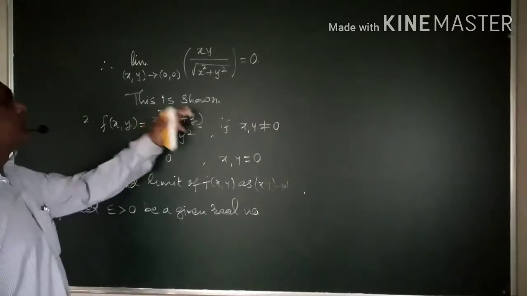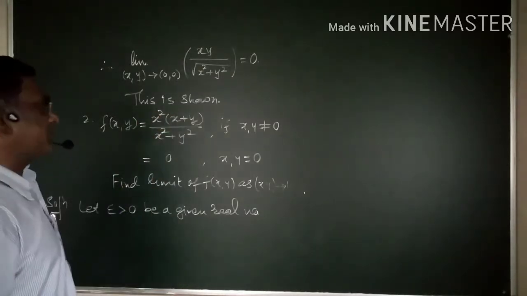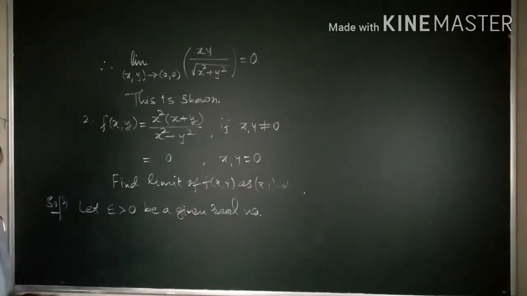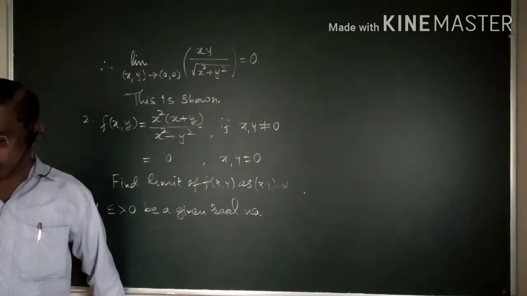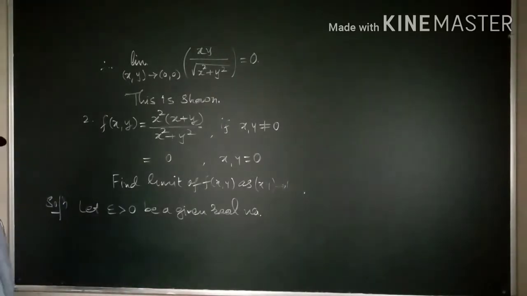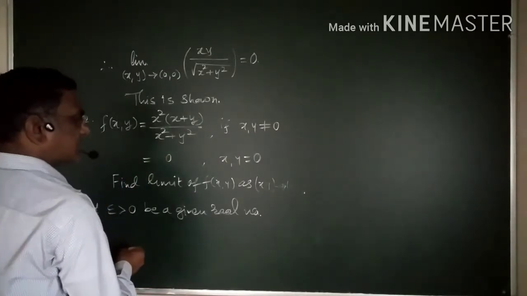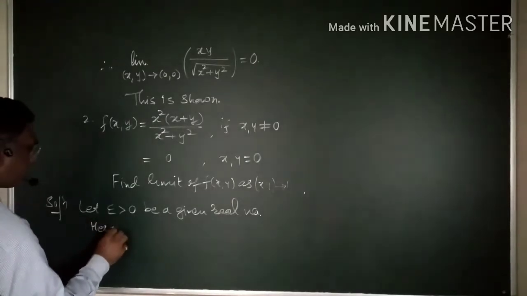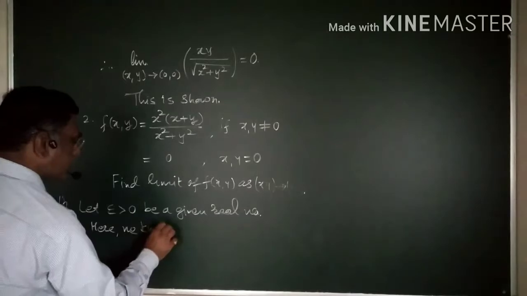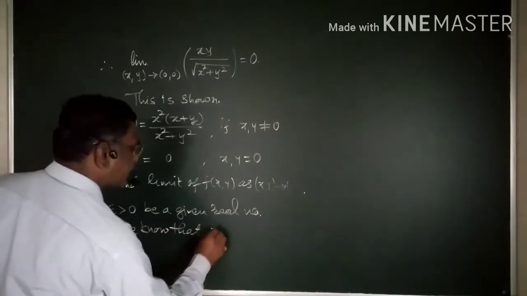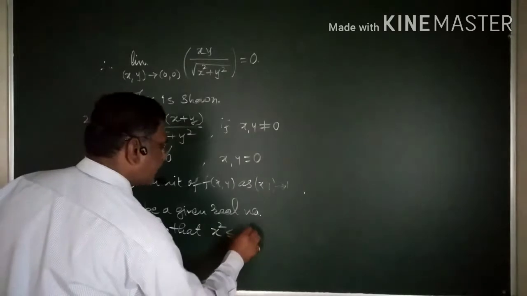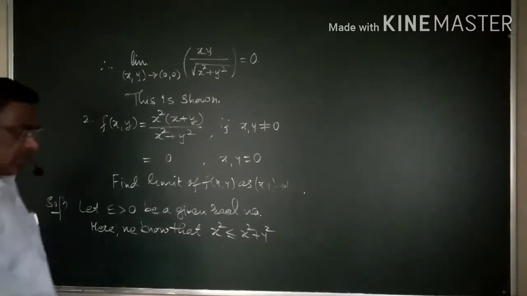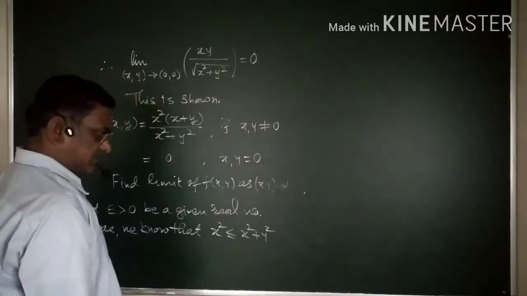Before going directly to the definition, let us use the given conditions, things that we always use from our algebraic and mathematical sense. Now here we know that x square is always less than or equal to x square plus y square.